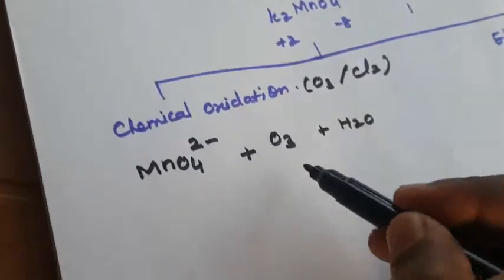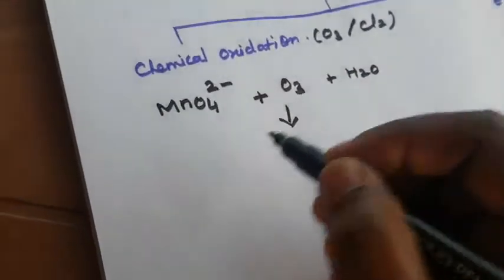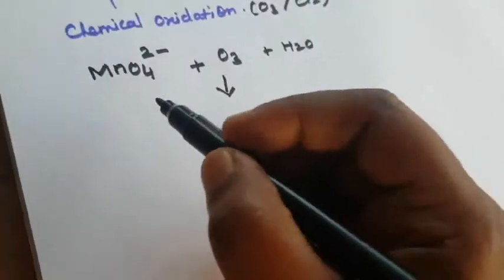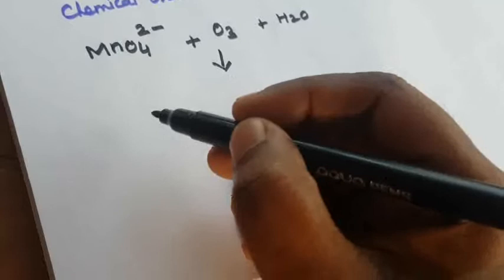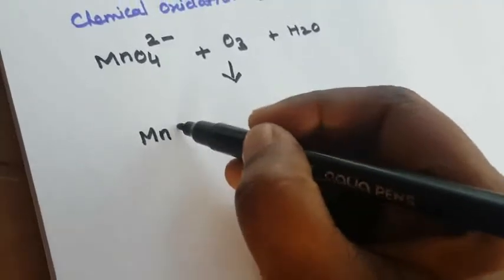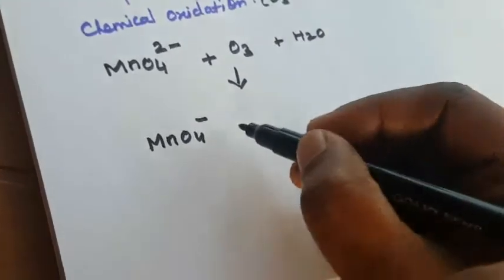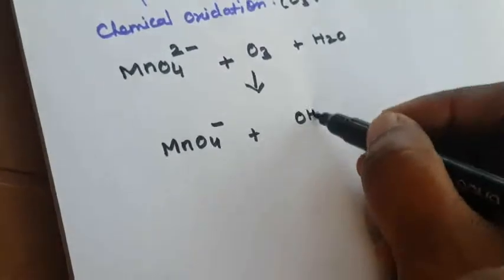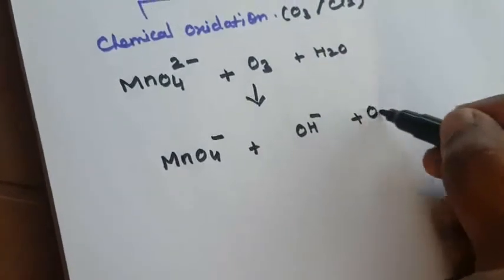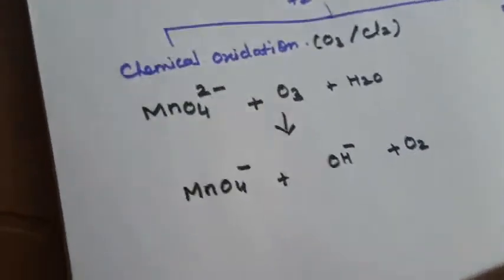So what is that conversion? The answer is MnO2, MnO4 minus, that is potassium permanganate, then OH minus, then oxygen. How do we balance that equation?